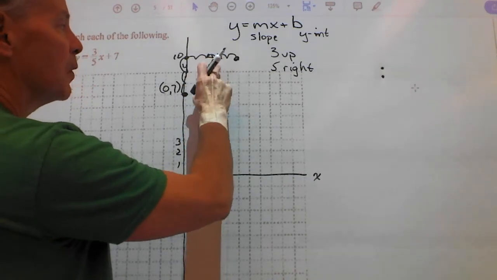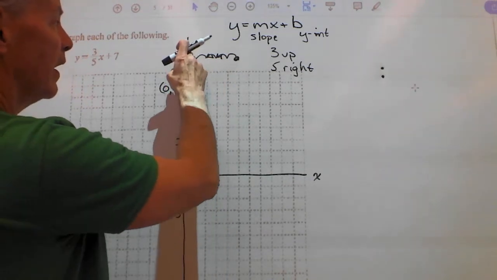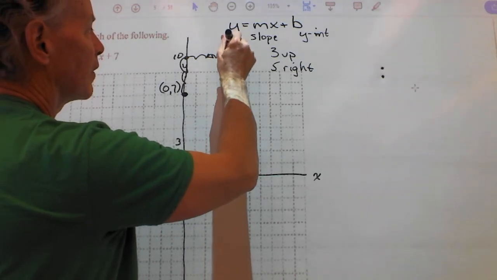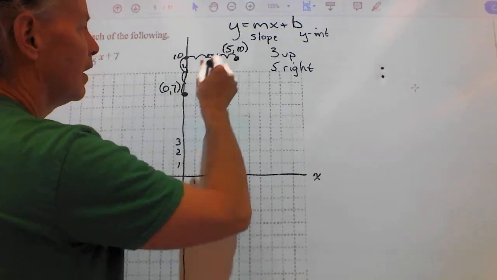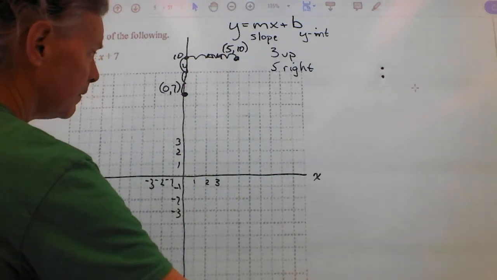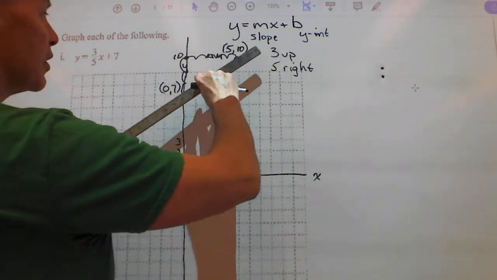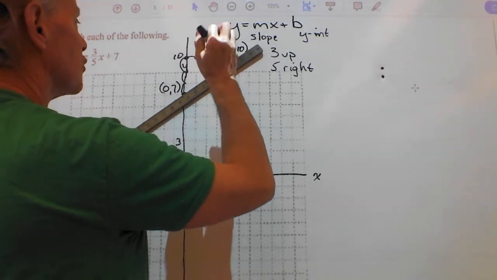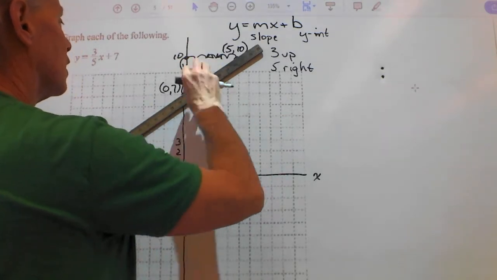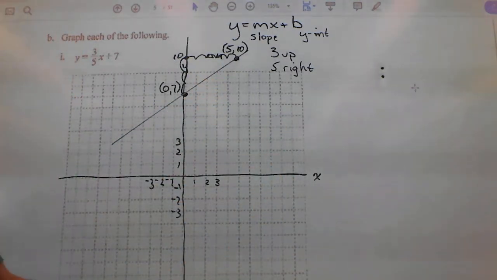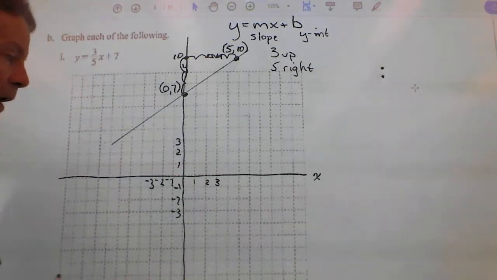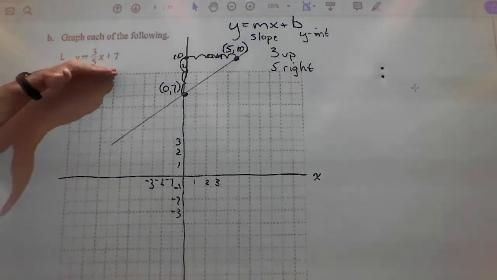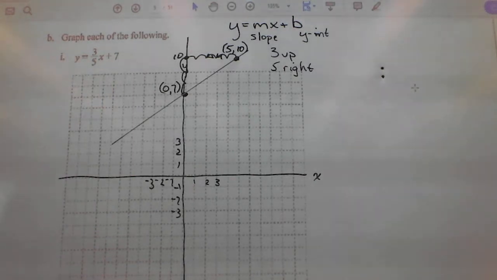So our second point then is at 10 up and 5 across. There's our second point. And again, remember, if it's a linear relation, once you have 2 points, you simply join them with a ruler. And there's your line. Okay? So that's how you graph a line if you have your equation in y equals mx plus b form, in slope-intercept form.